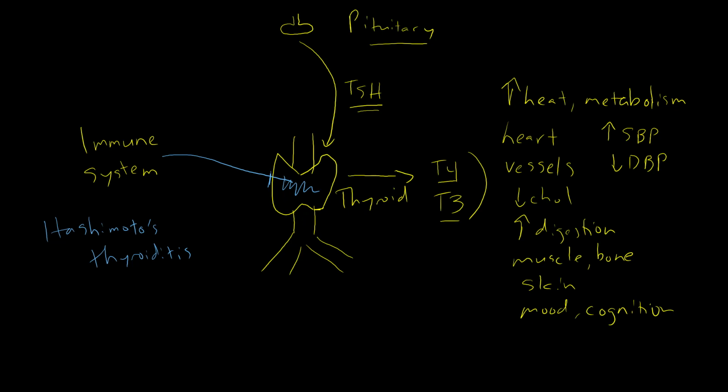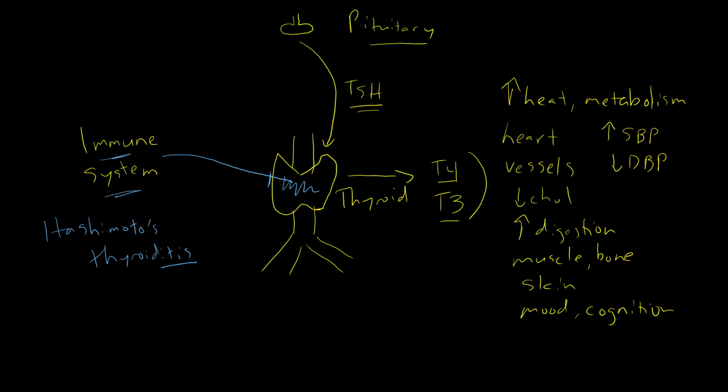And Hashimoto noted that the thyroid gland of affected patients contained lymphocytic infiltrates. So lymphocytes are a type of cell in the immune system, and it was these lymphocytes causing infiltration and inflammation. Itis means inflammation, causing inflammation of the thyroid.